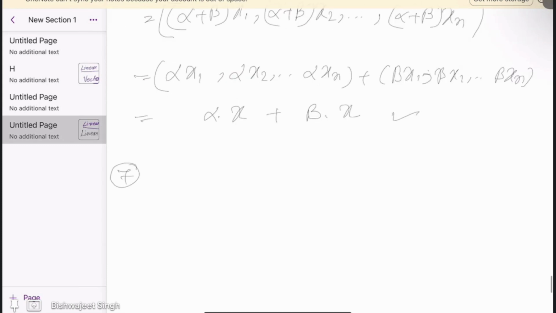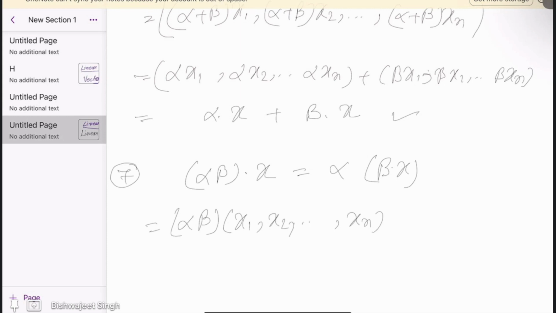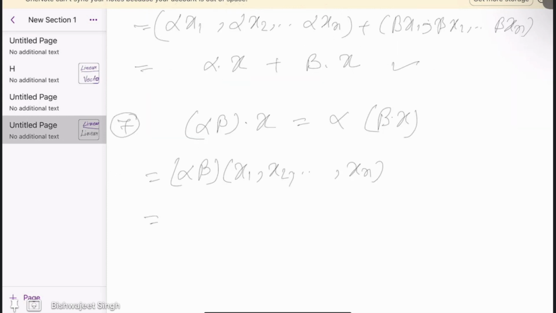Similarly, the seventh property is pretty easy: alpha beta dot x is equal to alpha times beta dot x. So what am I going to do? I am going to take this alpha beta and multiply it with this. I am taking the dot operation on this vector x. So how did we define it? We define it like this.